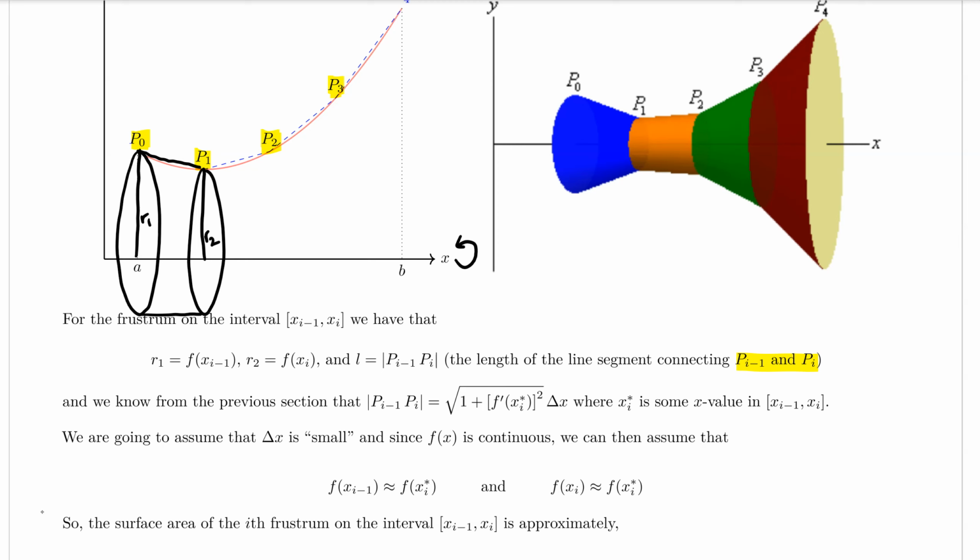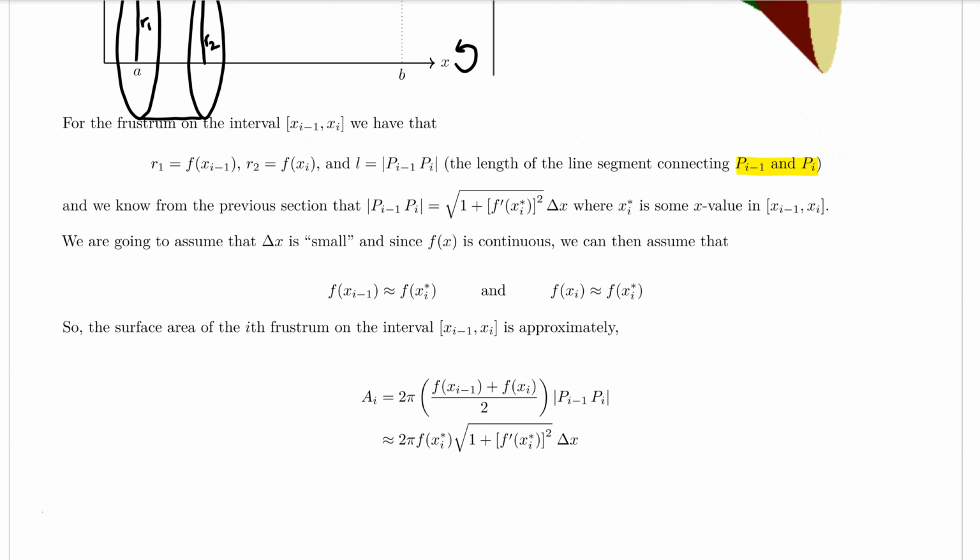We're going to assume that delta x is small, and since f of x is continuous, we can assume then that f of x sub i minus 1 is approximately equal to f of x sub i star, and the same goes for f of x sub i. We'll say that that's approximately equal to f of x sub i star. So the surface area of the ith frustum on the subinterval x sub i minus 1 to x sub i is approximately A sub i equals 2 pi times the average of the 2 radii times the length of the line segment.